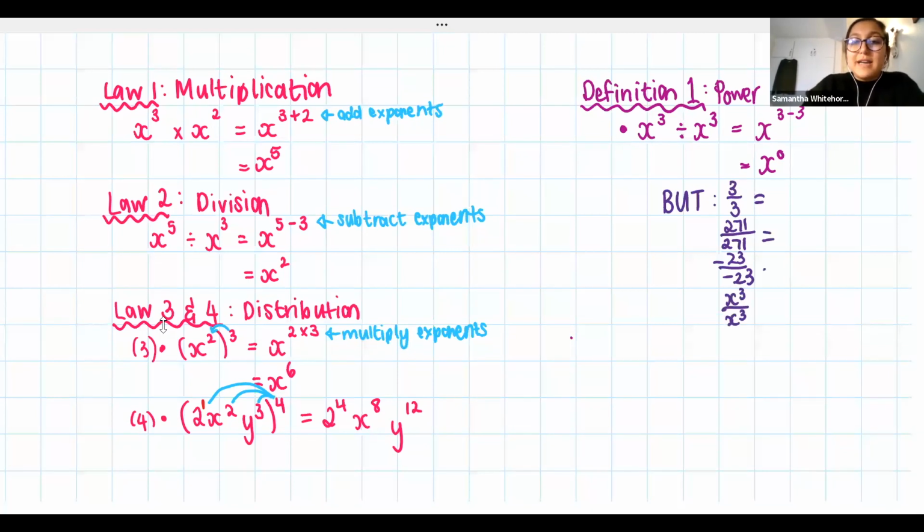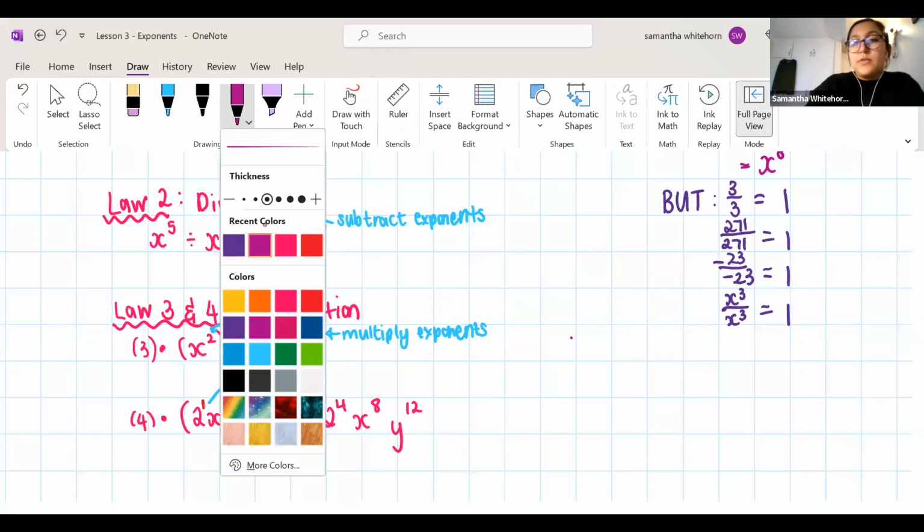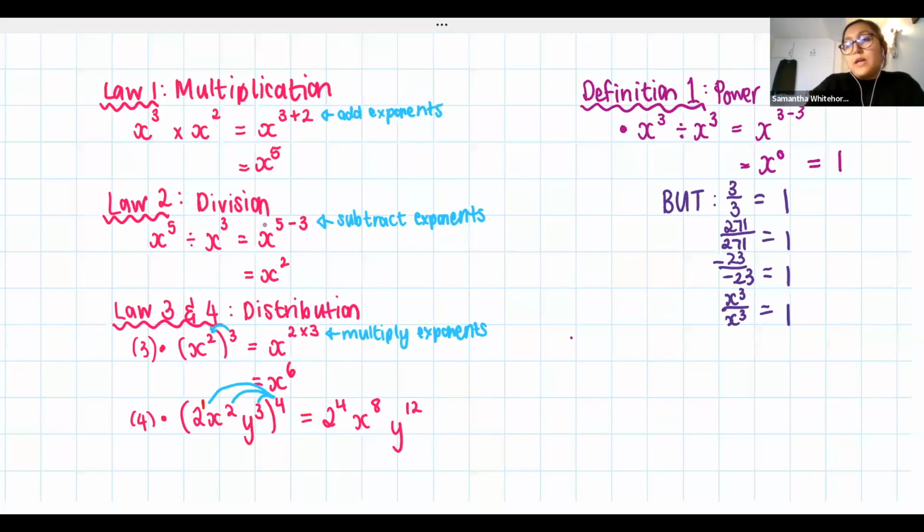Anytime you divide any value by its identical self, you are getting 1. That is always true. And so what this actually means is that when you have a power of 0, you are actually working with a value of 1, because anything divided by itself is 1.